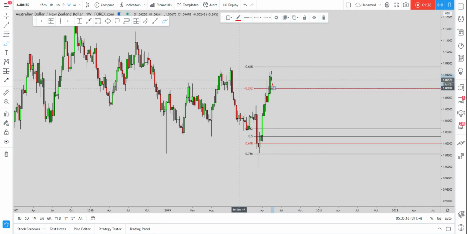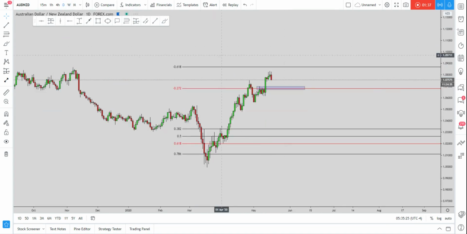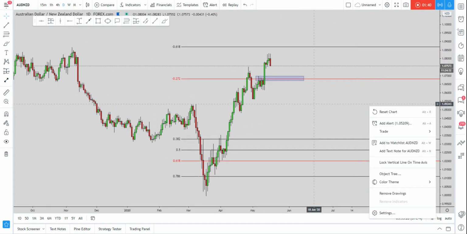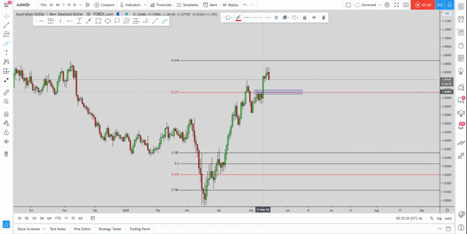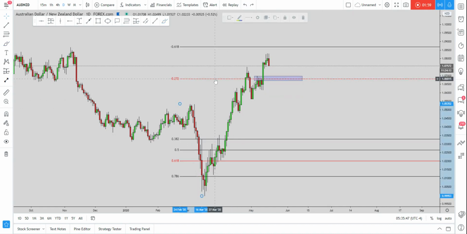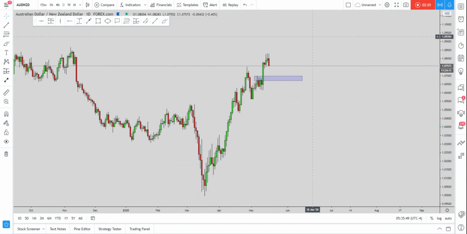And something that doesn't surprise me is that the -27 is lining up very nicely, as you can see also from the box, with our target zone to the downside that we already have from a daily perspective. In fact, the market was respecting the -27, which is now turned support. So as usual, Fibonacci levels are helping us identify structure areas. So this is overall the downside target for the move to the downside that we can expect from AUD NZD.